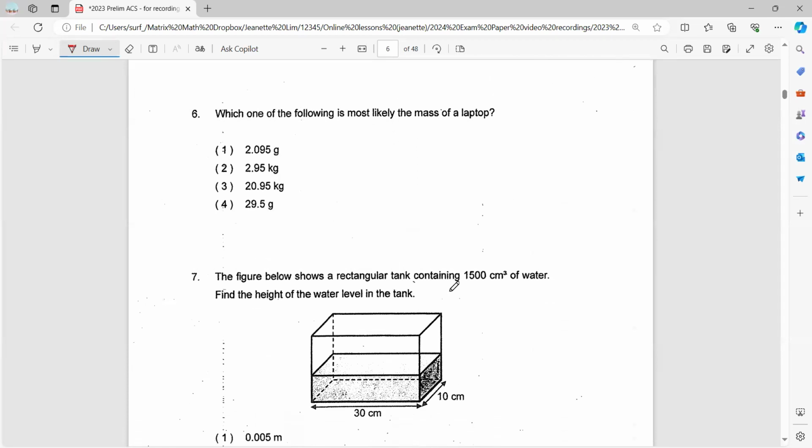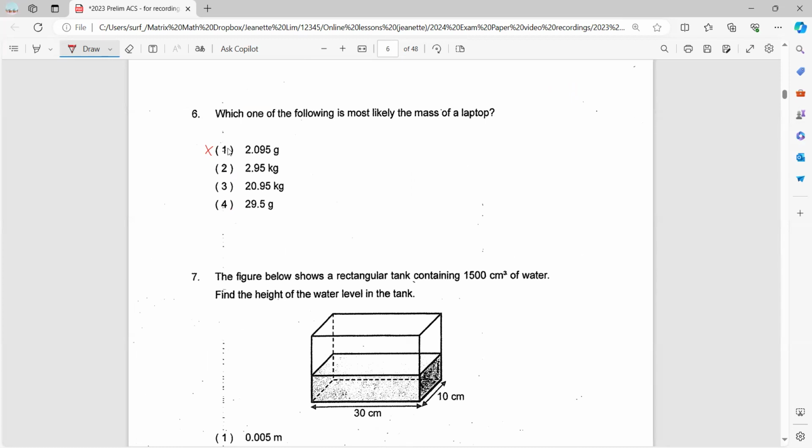Question 6, which of the following is most likely the mass of a laptop? Okay, let's eliminate. 2 grams, possible or not? No, not possible. Too little, too small. 2.95 kg, okay, possible. How about 20 kg? 20 kg is too much, right? Because 20 kg is like half a human.